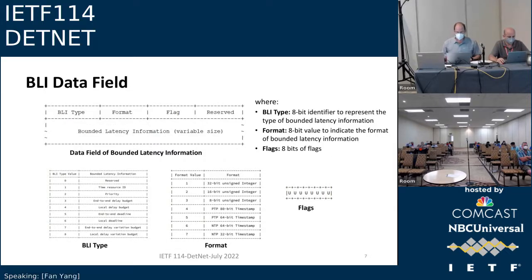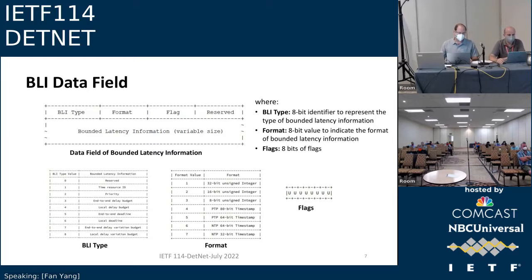In this bounded latency information data field, we use the BRI type to indicate the type of the bounded latency information. If there is a new algorithm accepted by DetNet, and if its bounded latency information is different from what we have in this table, it will be added as a new bounded latency information type.